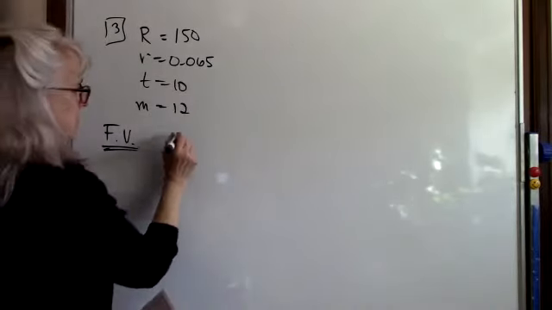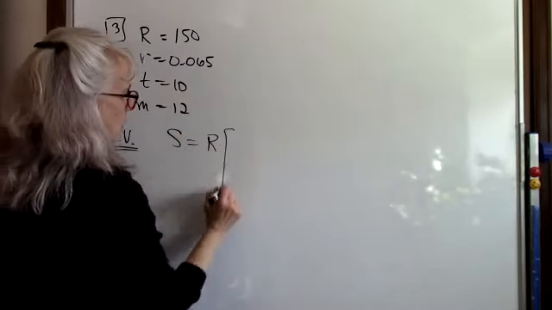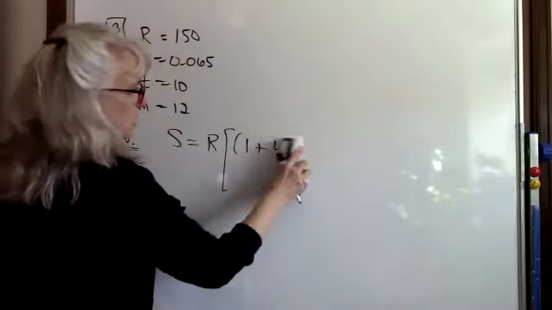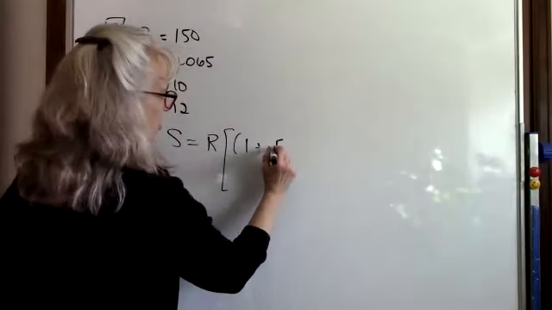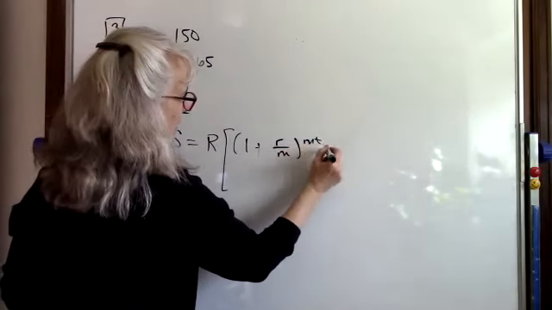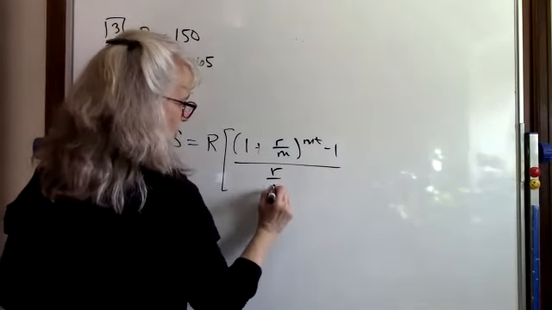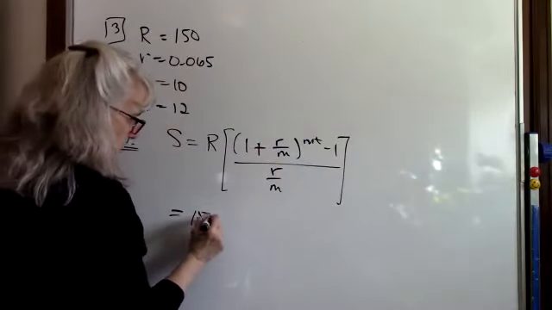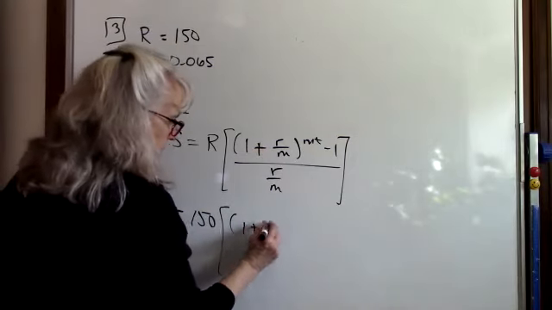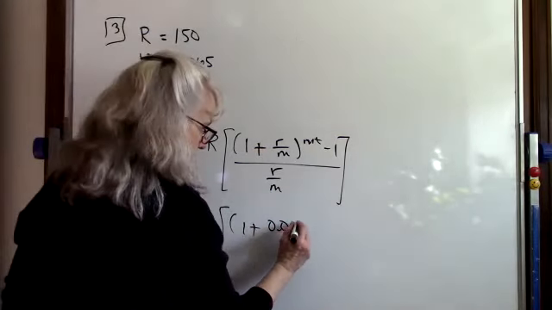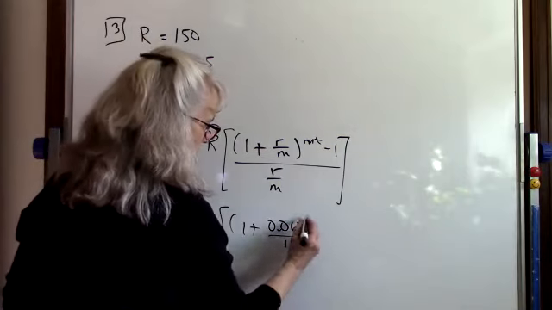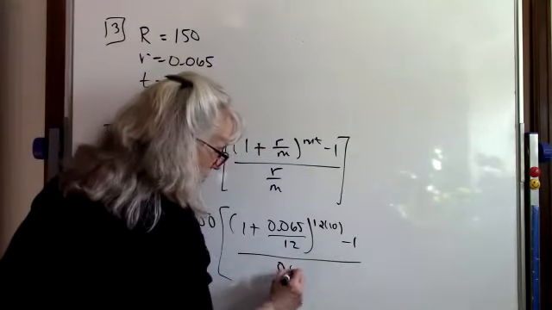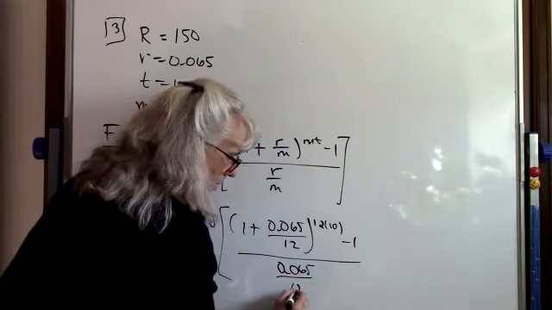So our formula becomes S is equal to R times 1 plus... Sorry, let's write the formula down, then we'll plug the numbers in. S equals R times (1 plus R over M) to the MT minus 1, all over R over M. So plugging the numbers in, R is the $150 he's going to put in every month. 1 plus 0.065 divided by 12, to the 12 times 10, minus 1, all over 0.065 over 12.